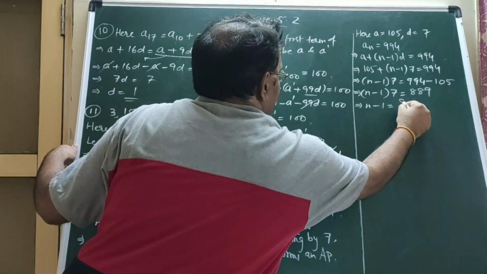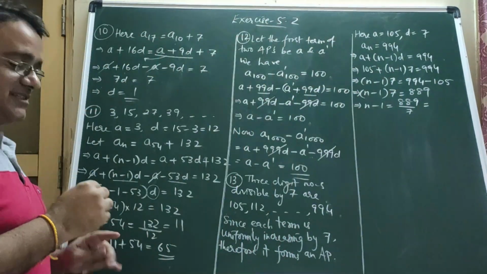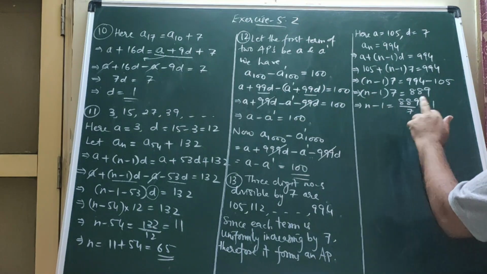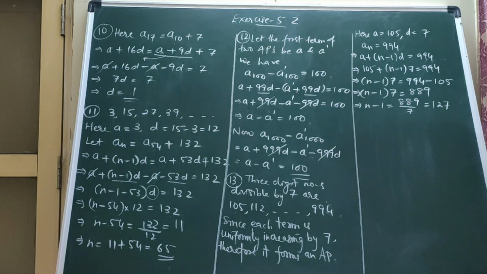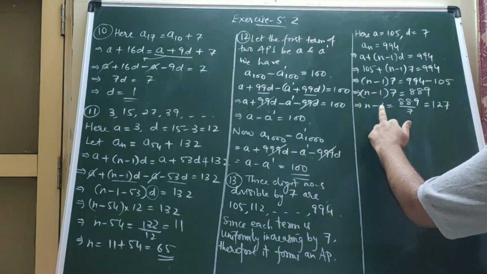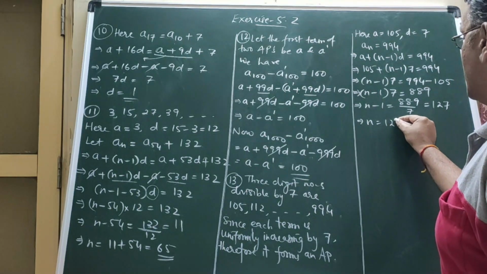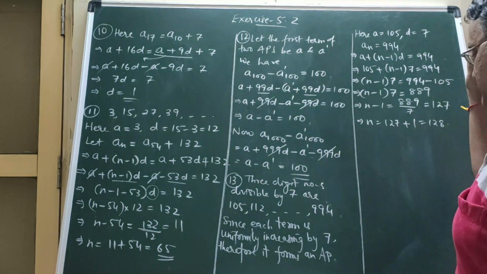So 889 divided by 7, इसको अभी हम लोग को 7 से डिवाइड करना पड़ेगा. So कितना मिलेगा देखते हैं. 127. Now we will shift -1 to this side. So 127 plus 1 is equals to 128.